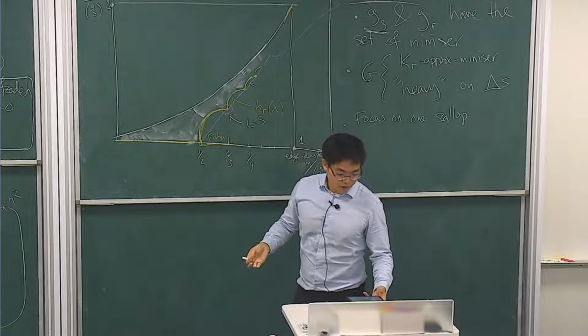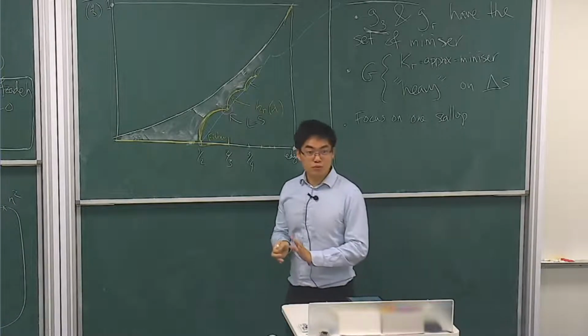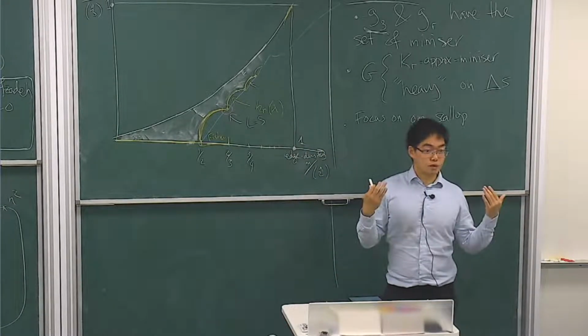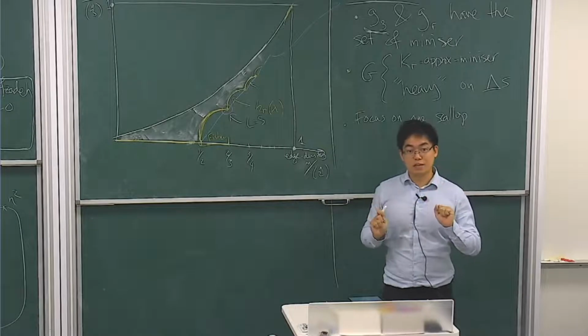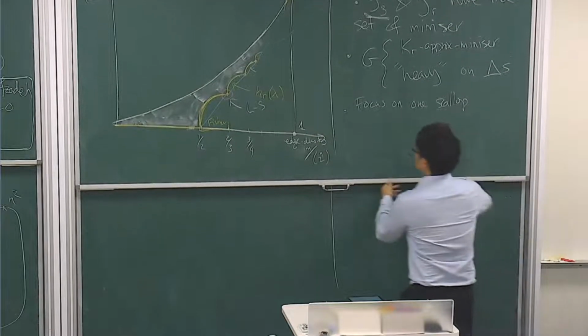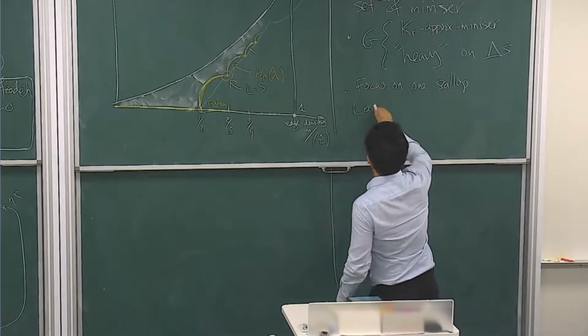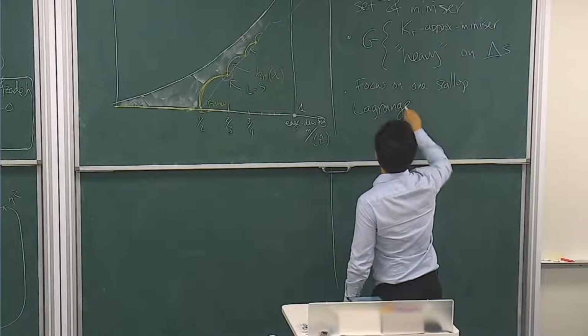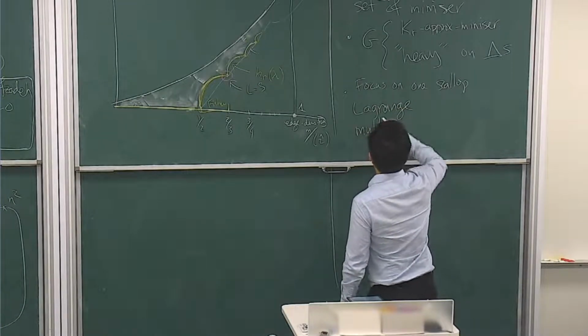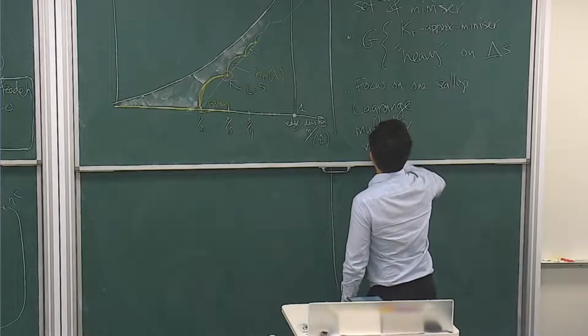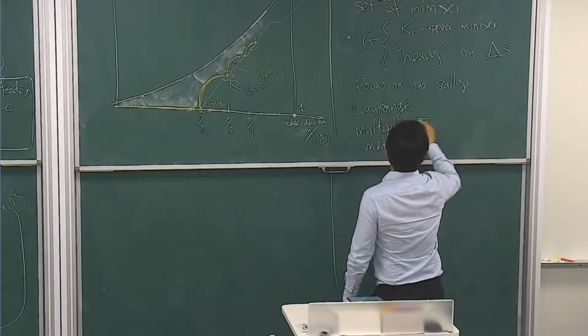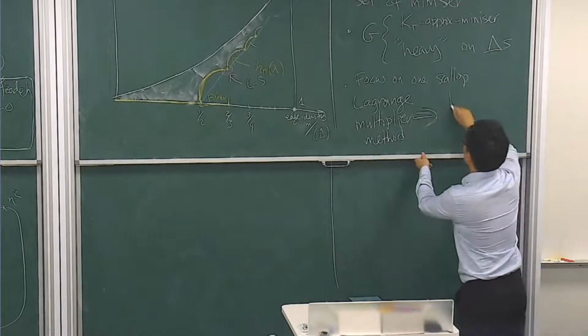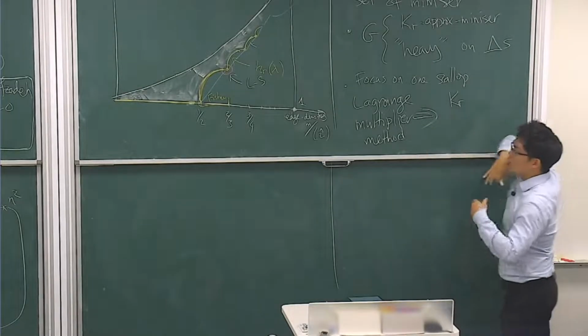If it's differentiable, then we can use this variational principle to derive some useful property of our minimizer. Okay. So what I'm particularly saying is that you can use, for example, the Lagrange multiplier method to derive a relationship between a mesh.